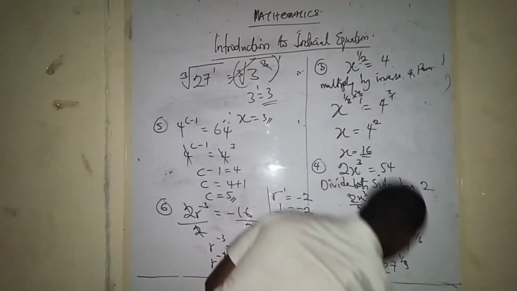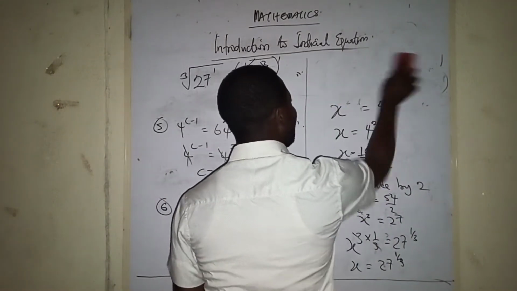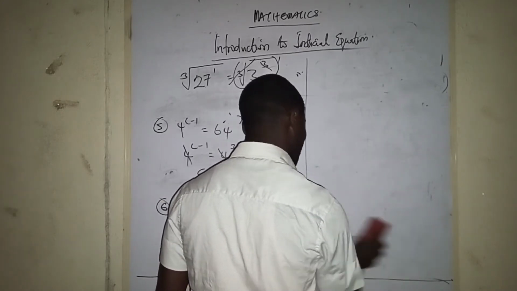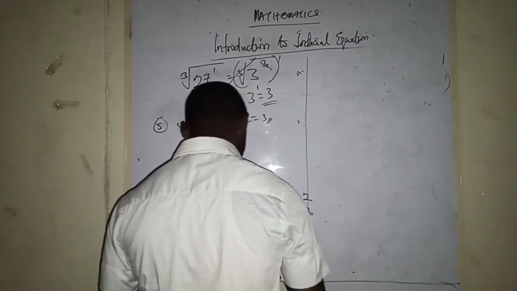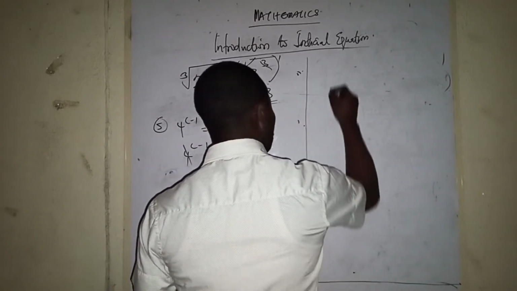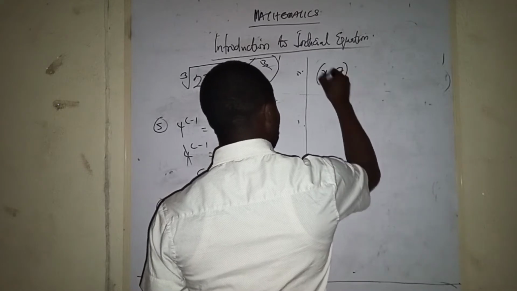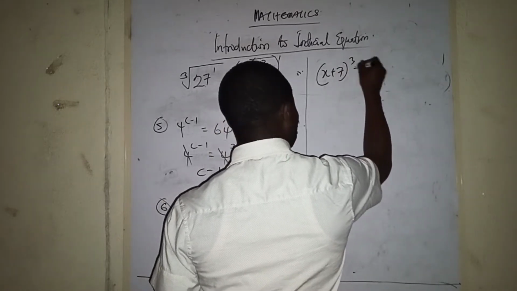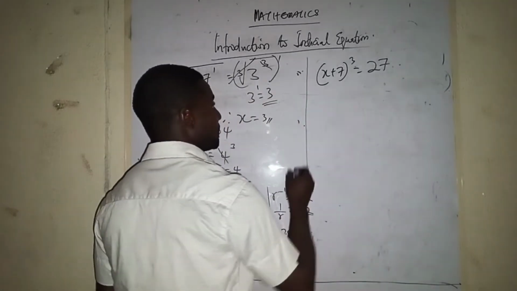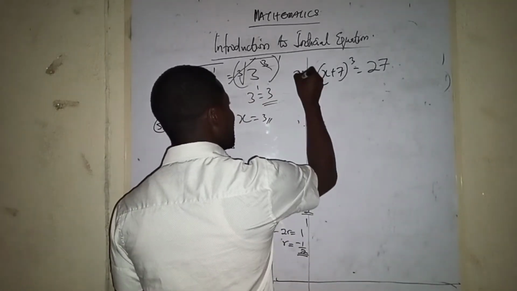Let's drop the ball so that we can continue. Okay? Now, if we have another example, (x plus 7) raised to power 3 is equals to 27. Still the same thing. In this case, this is number 7.